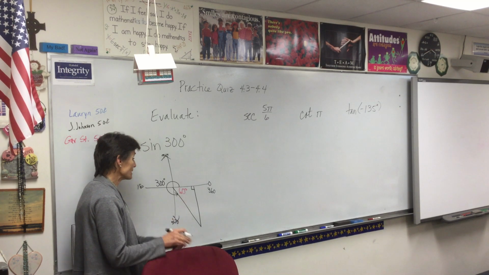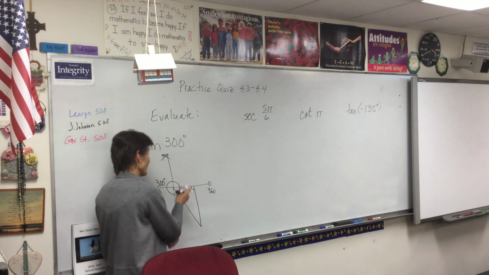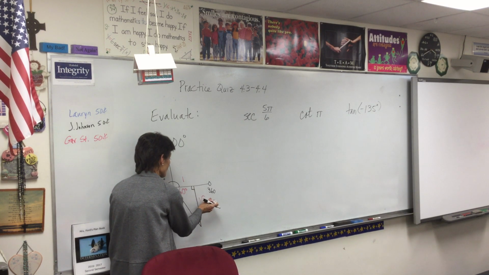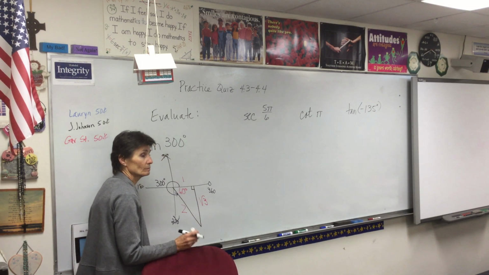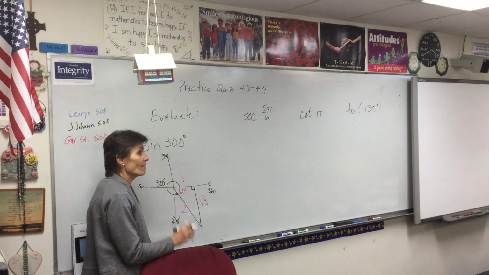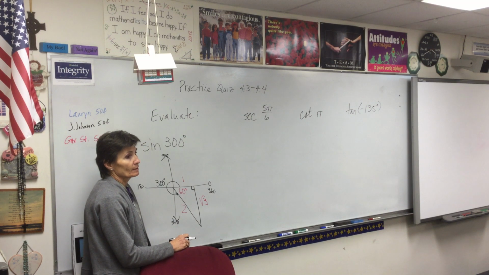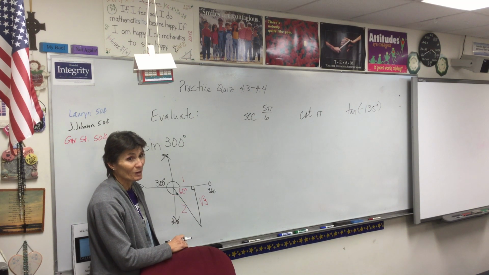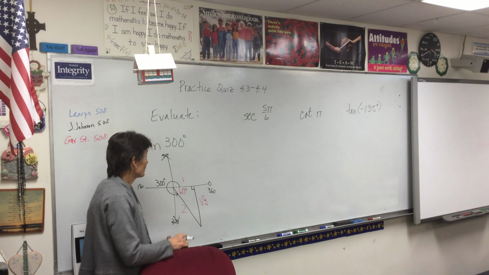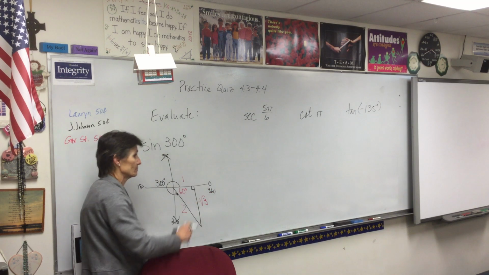Okay? Now, once I know that's 60, then I can label these sides. I know that's 1, that's root 3, and that's 2. And then I have one more caution. Are any of them negative? You know something is because it's not in quadrant 1. If it's not in quadrant 1, there's some negative in there somewhere. Root 3 is negative.